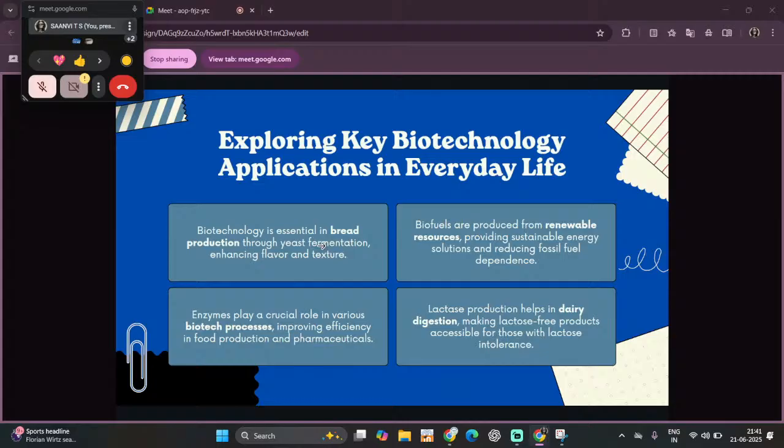Now, many of us are lactose intolerant. So biotechnology is coming up with a solution for that too. Lactase production helps in dairy digestion, making lactose-free products accessible for those with lactose intolerance. And we move ahead.